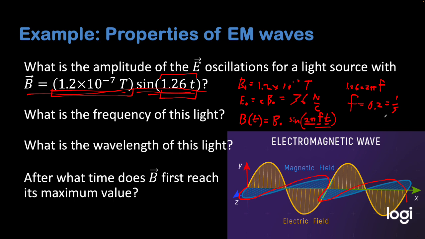So the frequency of light is 0.2 hertz. So 0.2, and we would write that as a capital H with a lowercase z, like this. Got a little messy there.